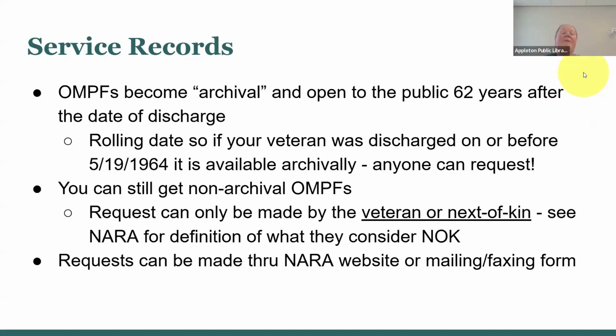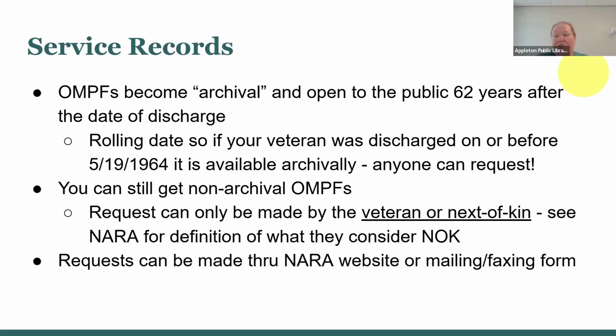The good news about these OMPFs is after 62 years from the time that they discharge, they are considered archival and thus open to the public. So that means anybody can request them, even if you aren't related or you aren't next of kin. It's continually a rolling date.